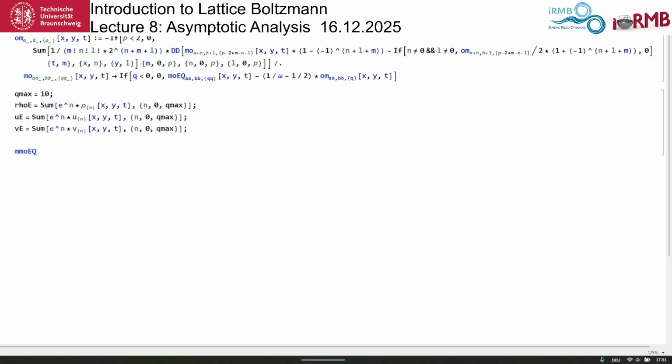So MEQ of the order 0, 0, and say the order Q. And this is a function of x, y, and t, obviously. So, okay, I want my equilibrium at a specific order. The way I can do this in Mathematica, and I have a Mathematica lecture next semester if anybody is interested.